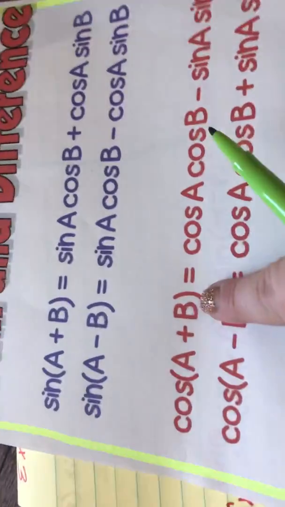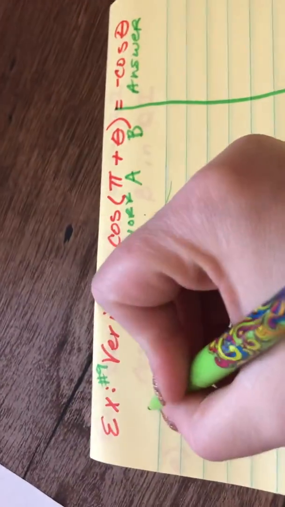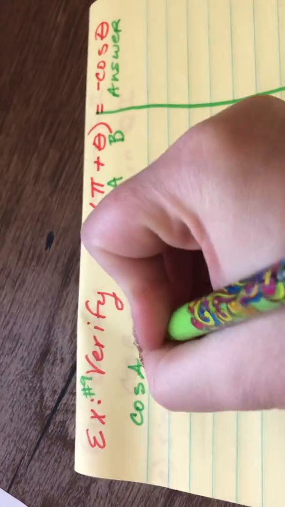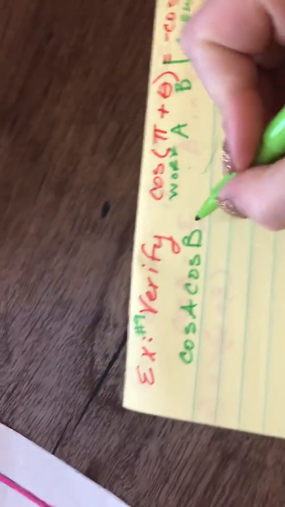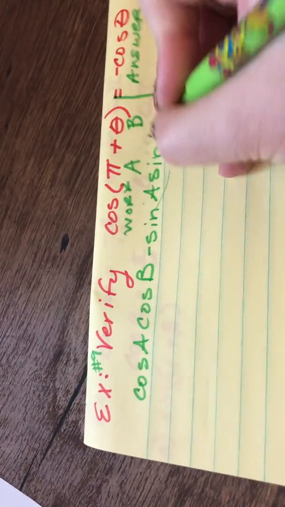So cosine A plus B looks like cosine cosine minus sine sine. So let me write that down. It looks like cosine A cosine B minus sine A sine B.